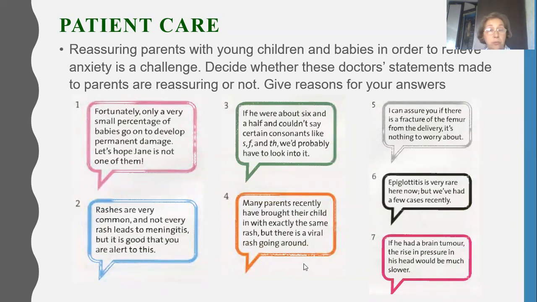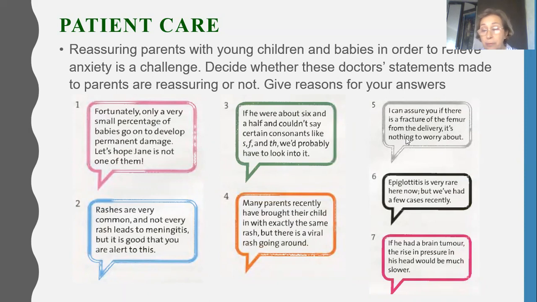Maybe, when he said that there is a viral rash going around, it's like giving an example. So maybe he gives the information for the parents to be careful about this. Yes, in this way it's good.